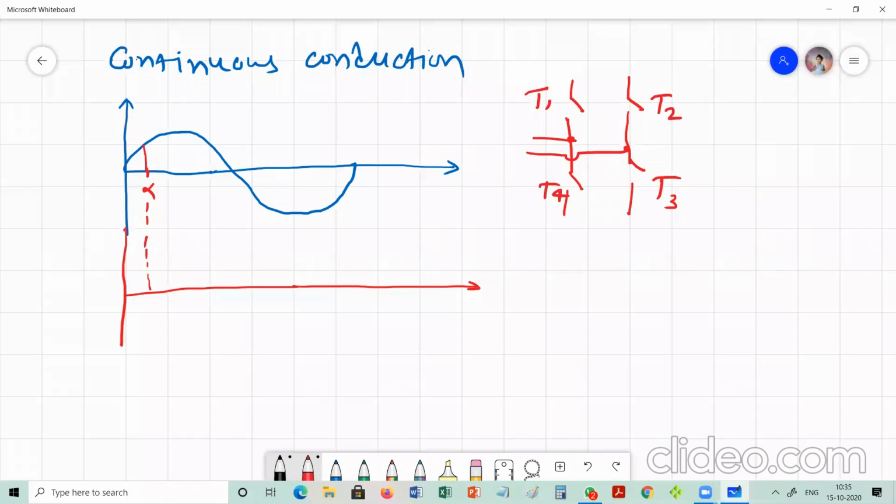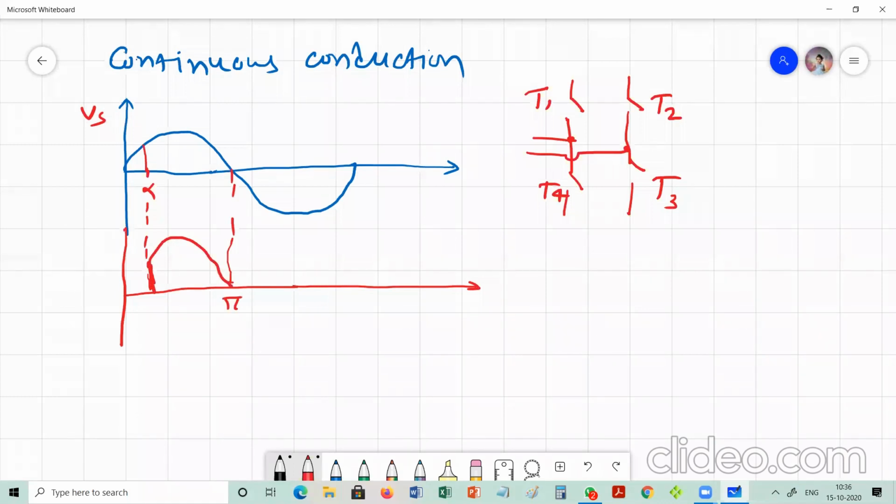For the first half cycle, switches T1 and T3 will be forward biased. When the firing pulse is given to their gate terminals, they will be turned on, and the input voltage will appear across the load. So the waveform will be the same as the input voltage.